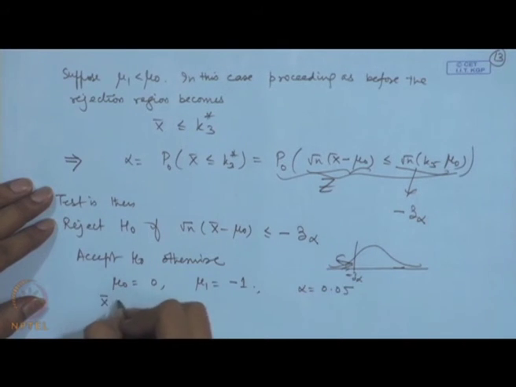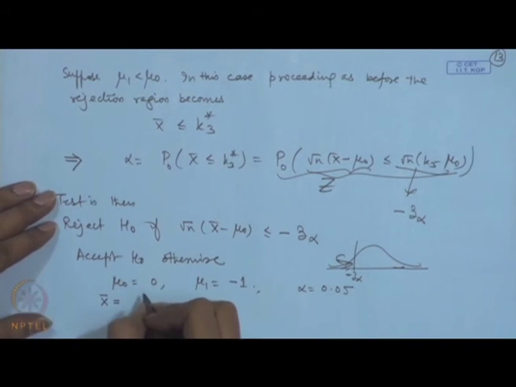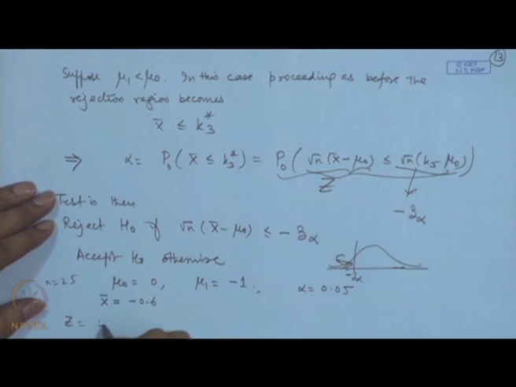Suppose the observed value of x bar turns out to be, say, minus 0.6. Then what will happen here? This value, let us call it z, and n is equal to 25. So, this is equal to 5, x bar is minus 0.6 plus 1, that is equal to 2 here.